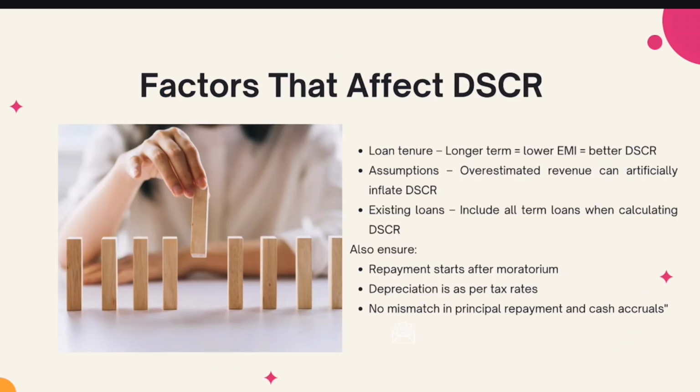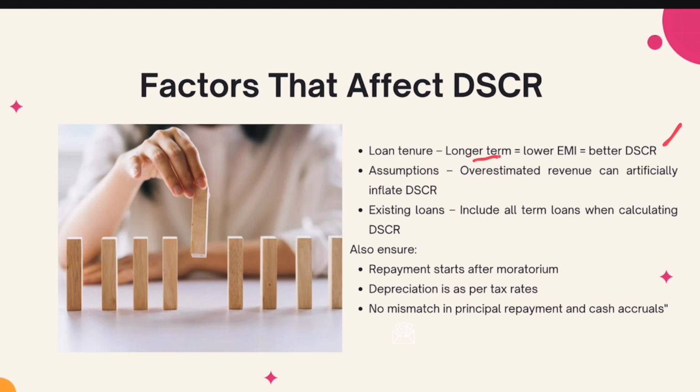Okay, what are the factors that affect DSCR? When appraising an MSME loan, remember these factors impact DSCR. Loan tenure: longer terms mean lower EMI and better DSCR, right? Because the principal repayment will be less, right? Okay. Second is assumptions.